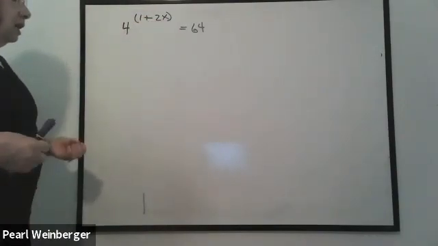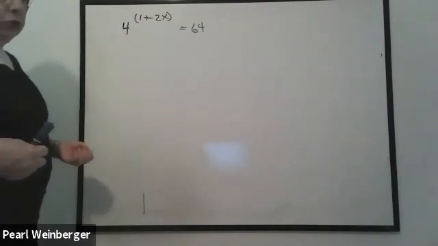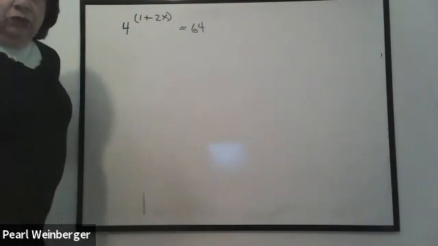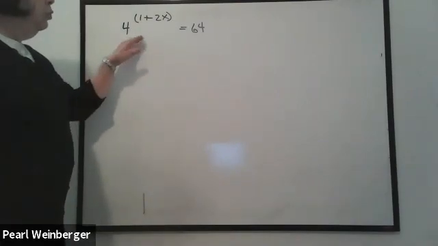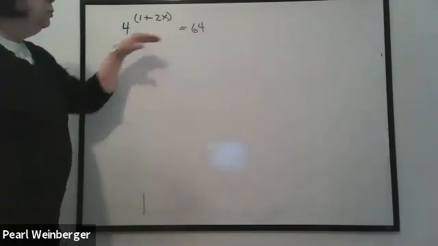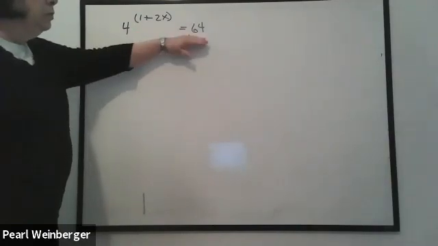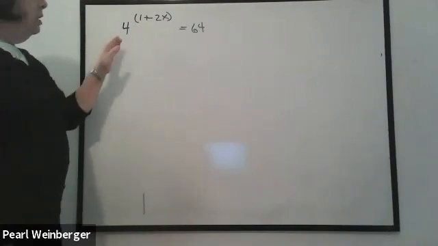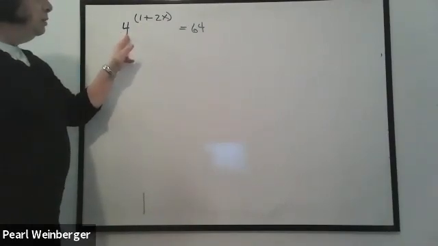So how do we solve an exponential equation? Well, the easier ones to solve are the ones where it's possible to put the numbers on both sides in terms of the same base. The base that's being used here is 4.